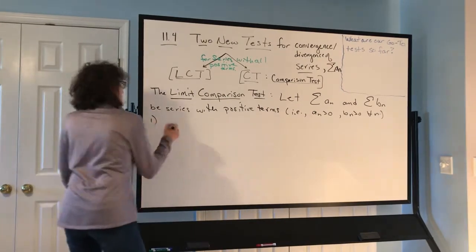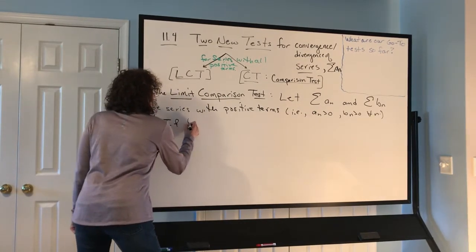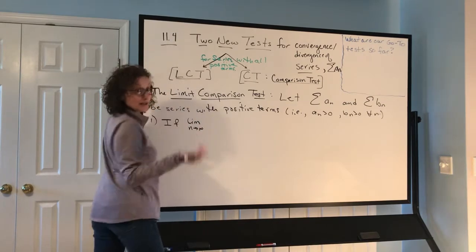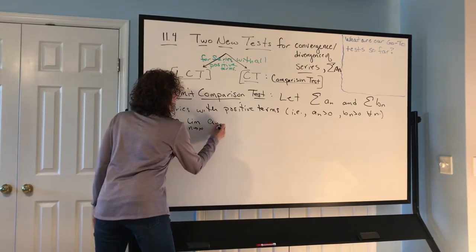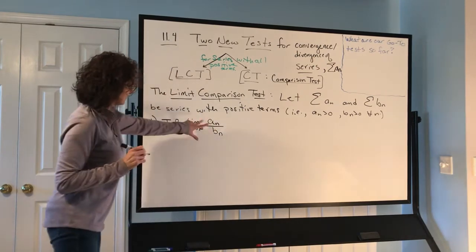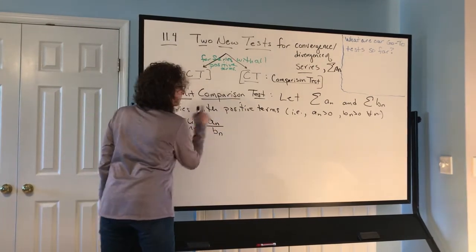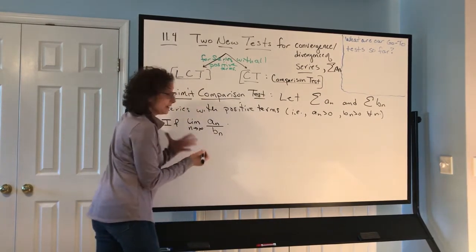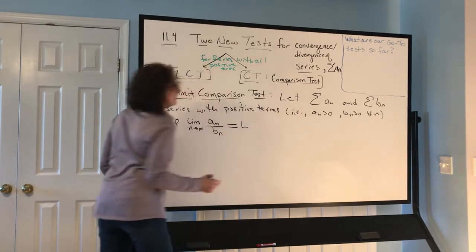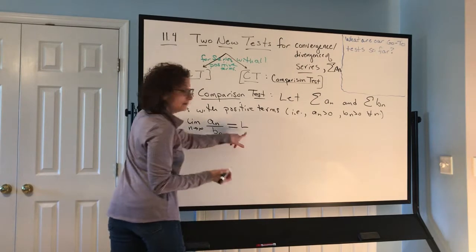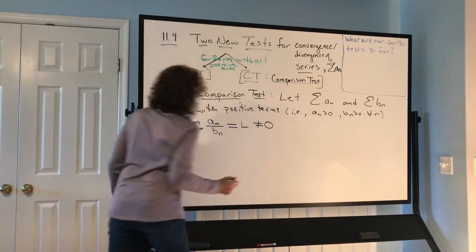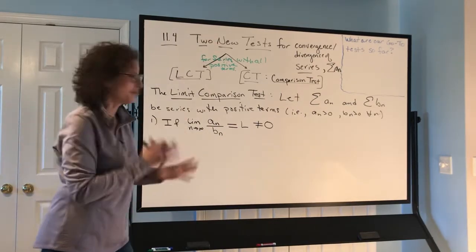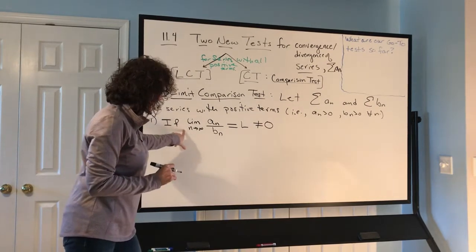The first piece says if I look at the limit as n goes to infinity of a_n over b_n, so that's a ratio of the elements of these series, and that limit exists and equals some number L, and that number L is a real number which is not 0.